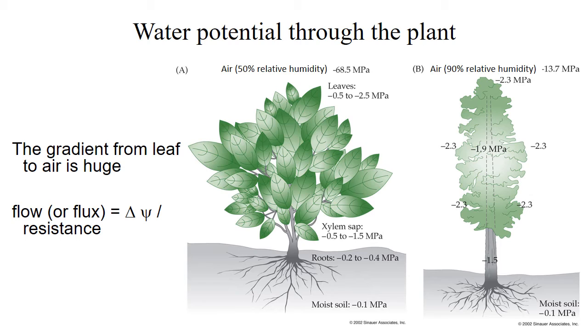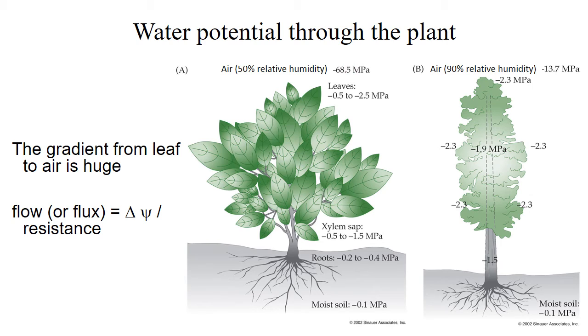So, for example, in the soil, with moist soils, you get relatively high water potentials of around negative 0.1 megapascals. But the water travels down that water potential gradient to slightly lower water potentials in the roots, again into slightly lower water potentials in the xylem vessels within the shoots, again up into the leaves, and then ultimately out into the air.